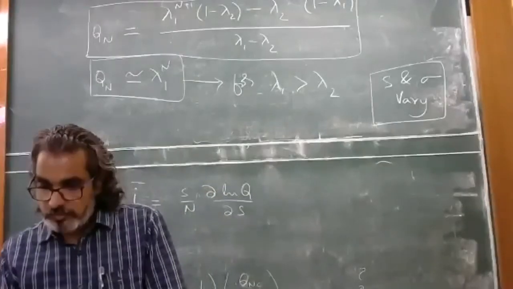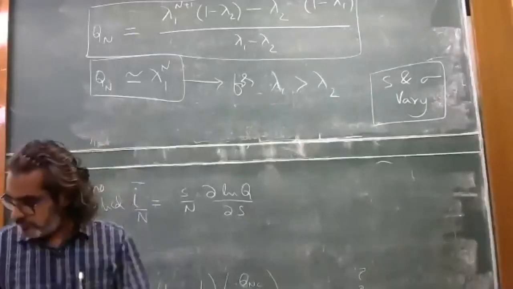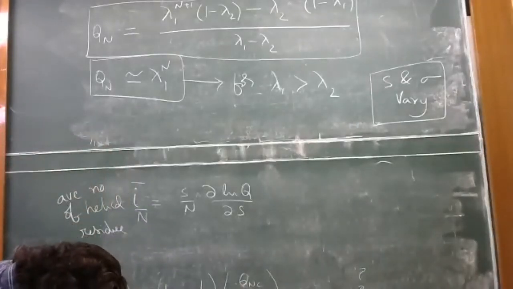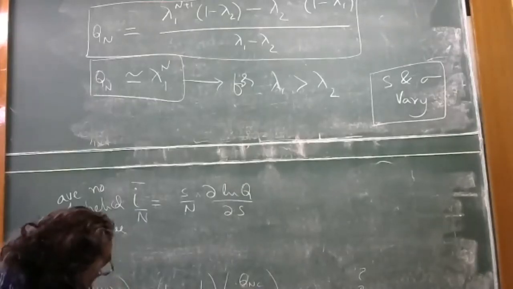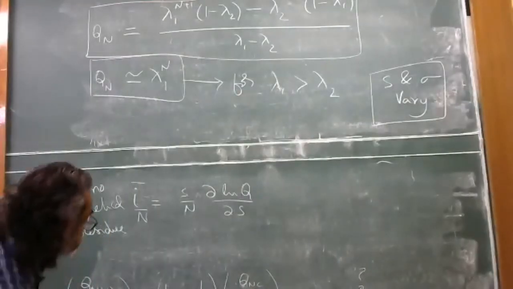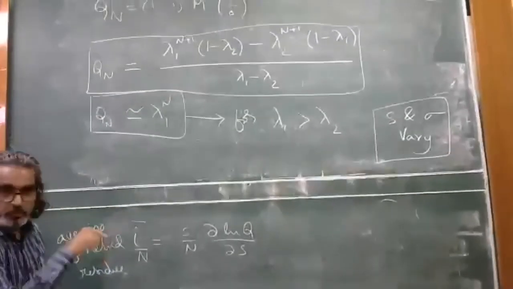Sir, I have a question here. When we solve this eigenvalue problem, we get lambda 1 and lambda 2 as the eigenvalues. What is the basis of choosing lambda 1 greater than lambda 2? We will see lambda 1 and lambda 2 are not identical.